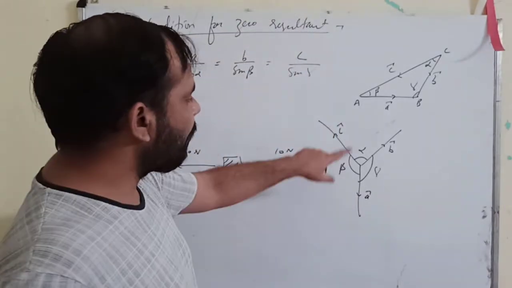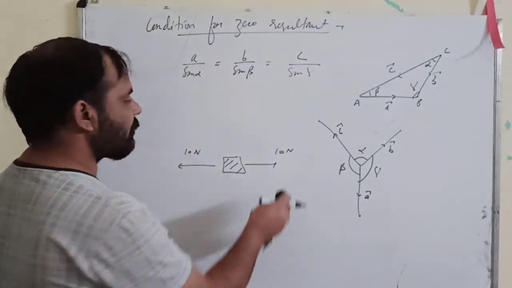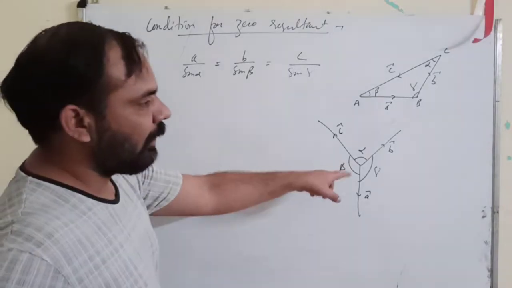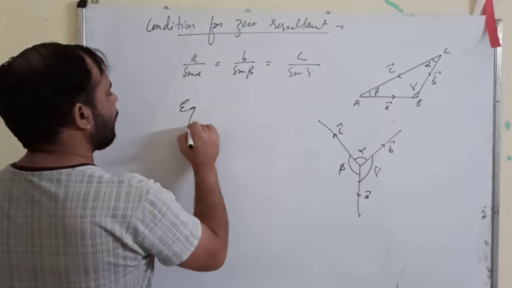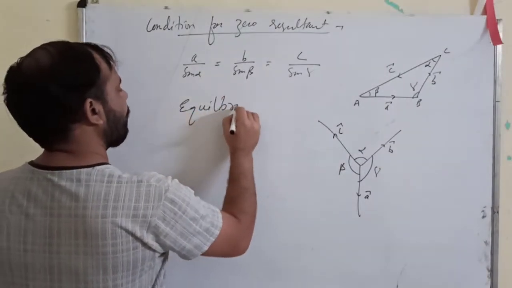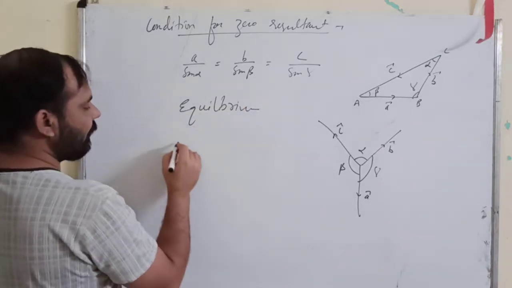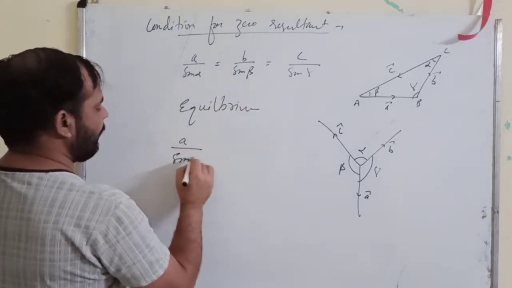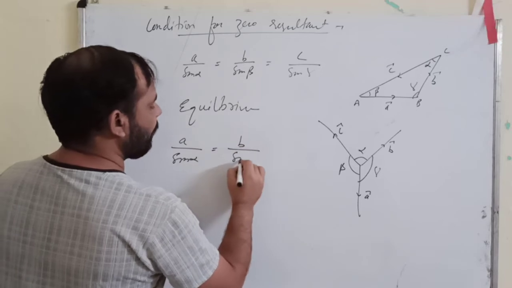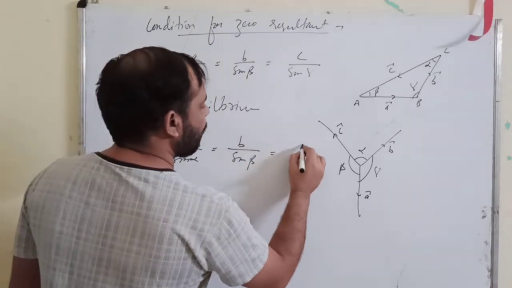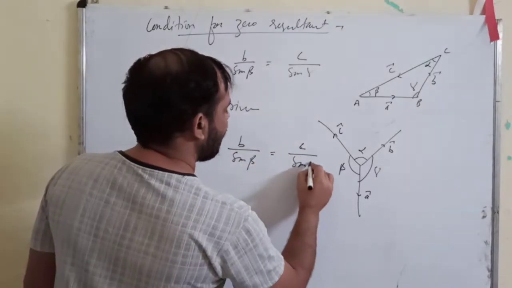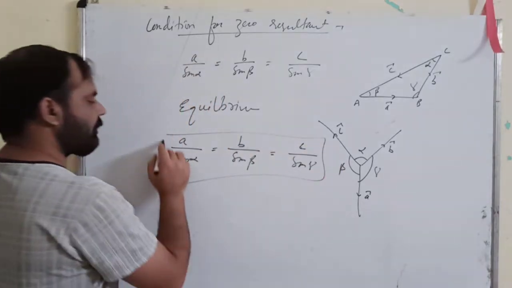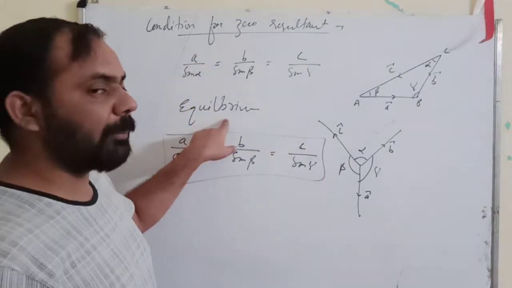So if you have equilibrium, in a condition like this, then A upon sine alpha will be equal to B upon sine beta, which will be equal to C upon sine gamma. This relation will hold if equilibrium is there.